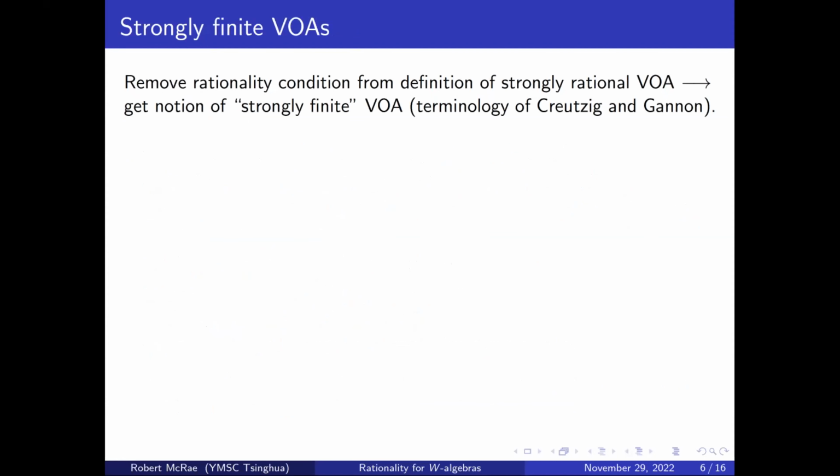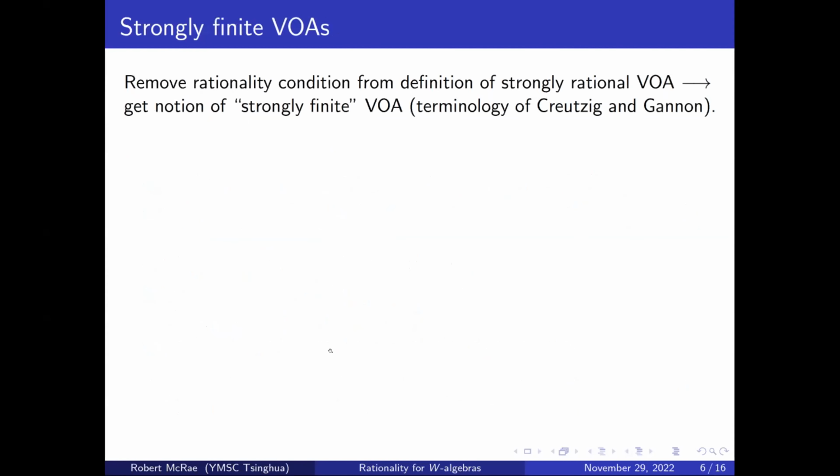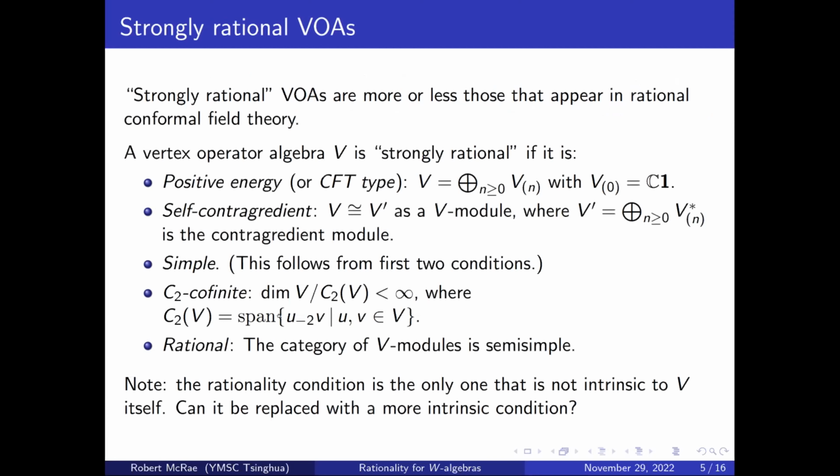So we can remove this rationality condition from the definition of a strongly rational VOA. Keep all the first four properties, but remove the rationality condition. It's convenient to call such a VOA strongly finite if it has the C2-cofiniteness condition and the other three minor conditions.